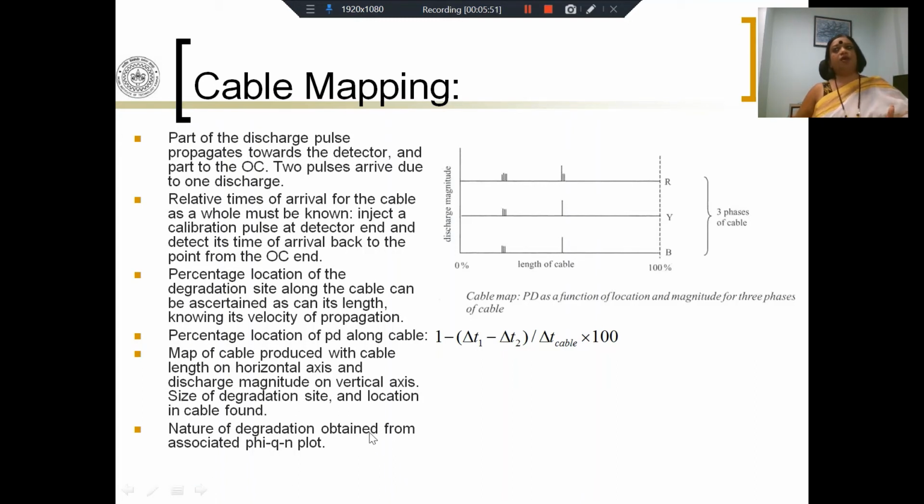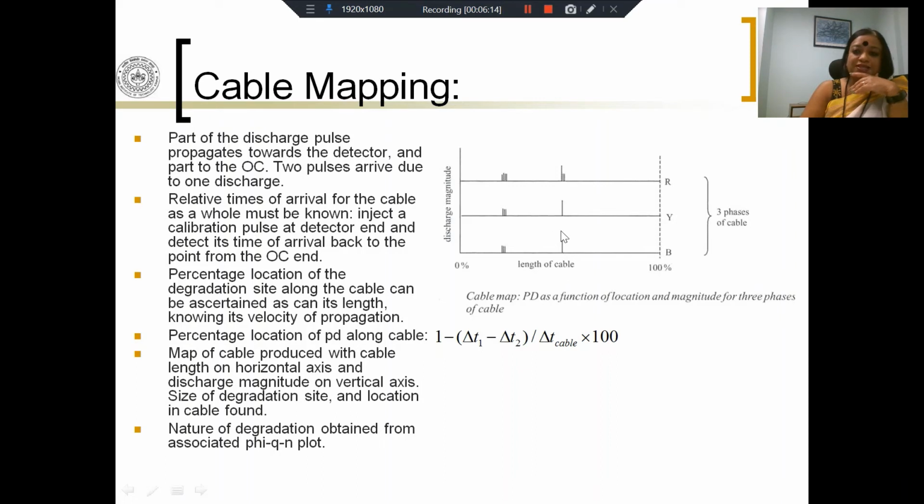So therefore, in order to get full information so that you can act upon it, it is not sufficient to have one technique. You will have to combine several techniques together depending upon the problem in hand, and only then will you be able to take corrective action. So from the cable mapping technique that I have just described, you get the size of this discharge site.